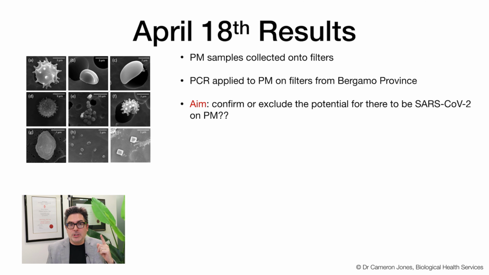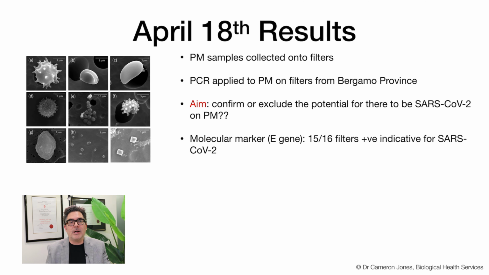Because imagine what the implications are if the particles themselves can transmit the virus from one location to another. And of course, the more densely populated areas with more pollution are then probably going to see higher levels of COVID-19 cases.